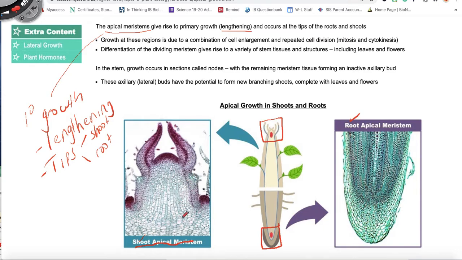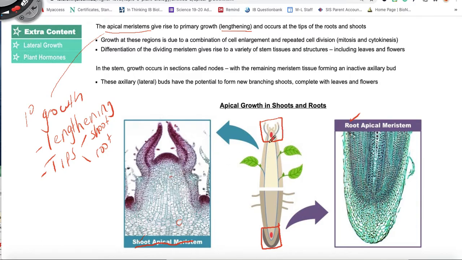Well, the cells can enlarge. If you notice here, this cell looks a lot bigger than the cells here. So the cell can enlarge and grow as the cell accumulates more cytoplasm. But also the cell has the ability to undergo cell division or mitosis and divide. And that is also going to help in the lengthening process of the plant.